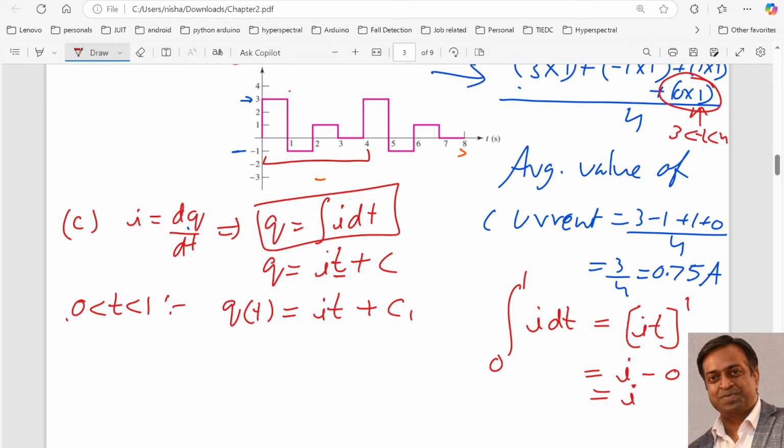So instead of doing this integration, we can simply write it plus c1, and we need to determine the value of c1.